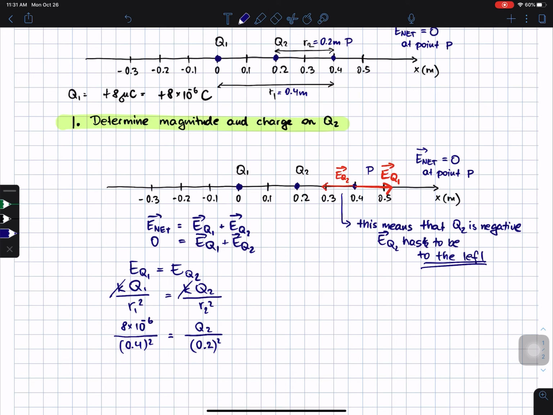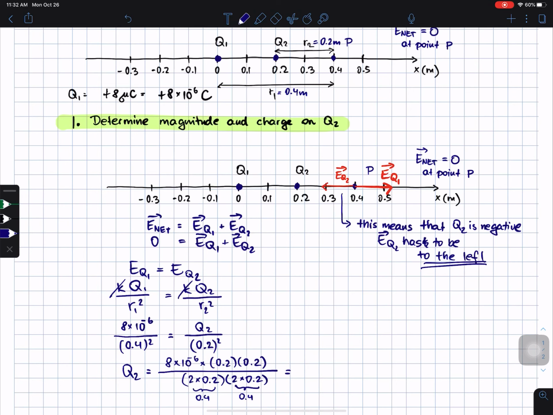Now if I isolate Q2, I get 8 times 10 to the power of negative 6 times 0.2 squared, and then for 0.4 I write 2 times 0.2, so 2 times 0.2 and 2 times 0.2.